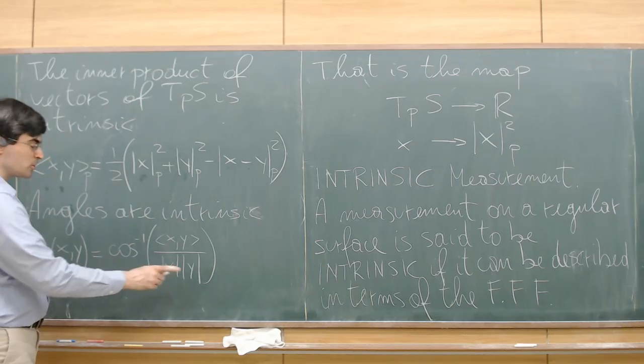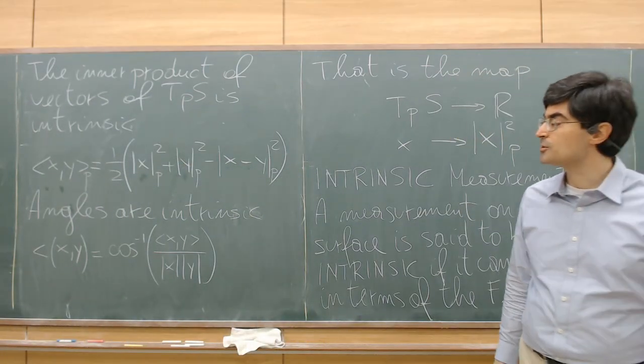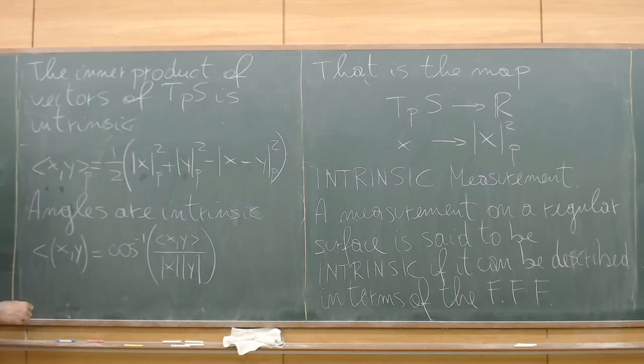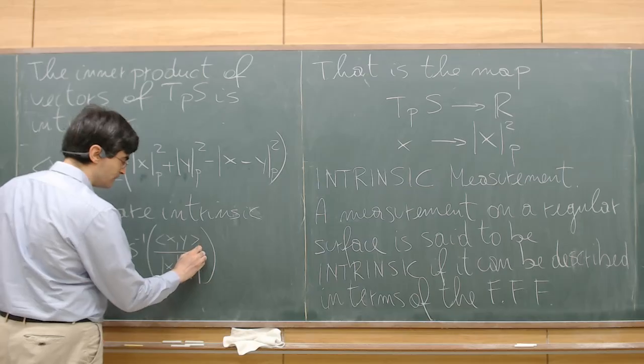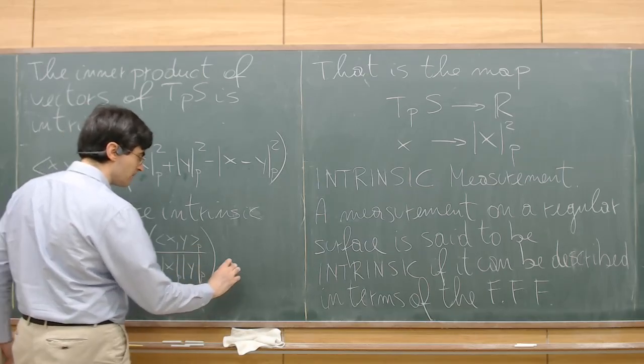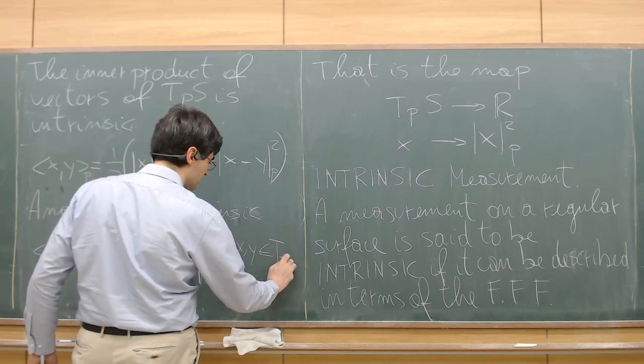So of course this formula holds true if I consider the restriction to TPS. So I just write a P here, a P here, and a P here, because I'm assuming that x, y belong to TPS.